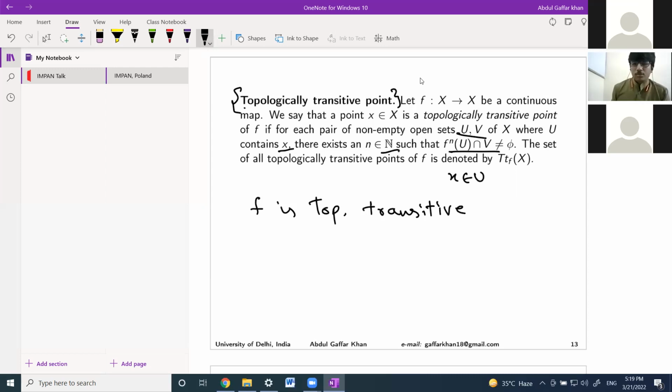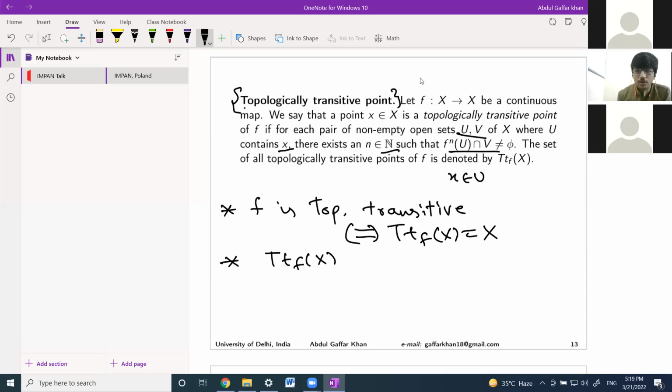So here the dependency on x does not vary. It is easy to observe that f is topologically transitive if the set of all topologically transitive points is X. This follows from the definition. Moreover, the set of all topologically transitive points is closed.